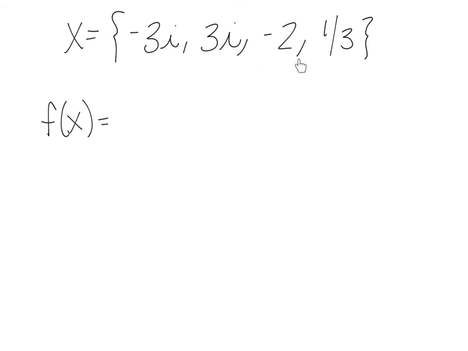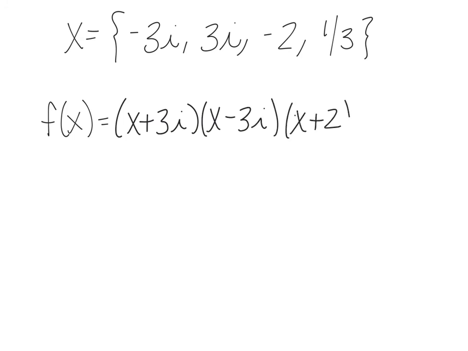So I know what my roots are, and I'm going to write it in my factored form, which looks like x plus 3i, x minus 3i, x plus 2, and I'm going to take it back to our last page where it said 3x minus 1 equals 0, because that's what I originally got this 1/3 from, and I'll show you why that's important for our a value.